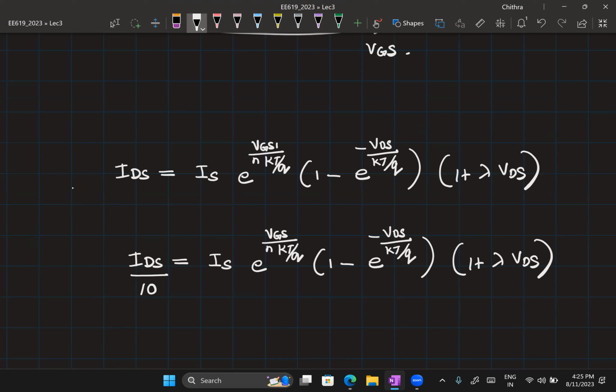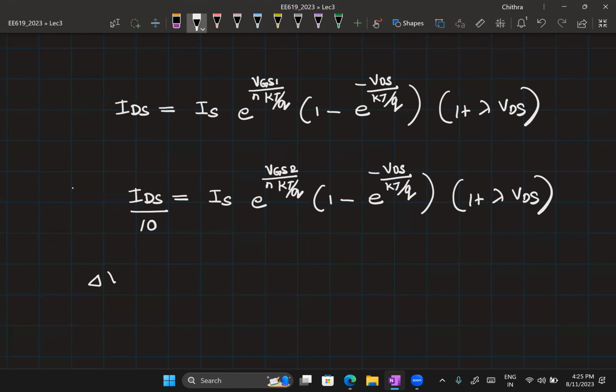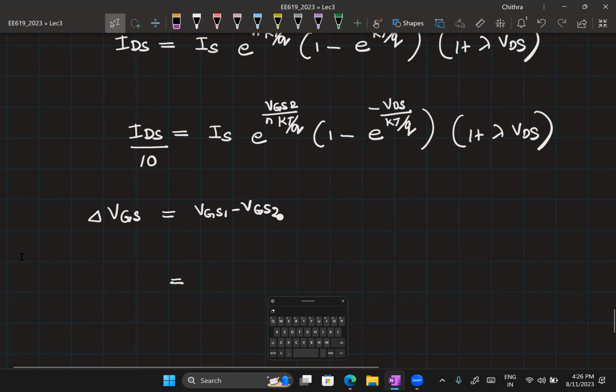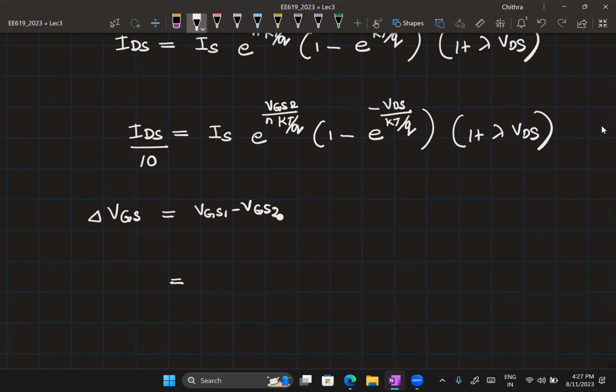Let me call this VGS1 and this VGS2. Can you tell me what should be the value for delta VGS given by VGS1 minus VGS2? So please do the calculation and tell me what this value should be. So you should get the expression as n KT by Q into ln 10.